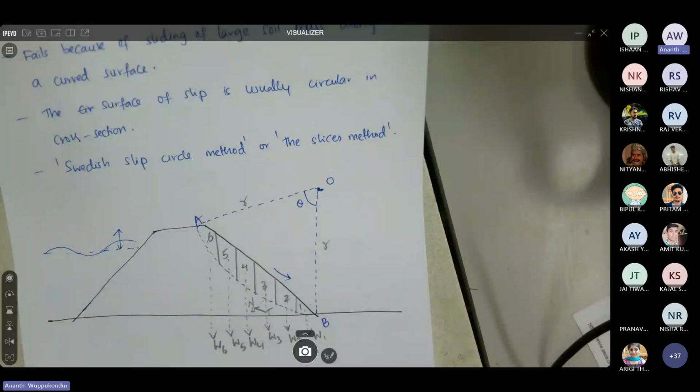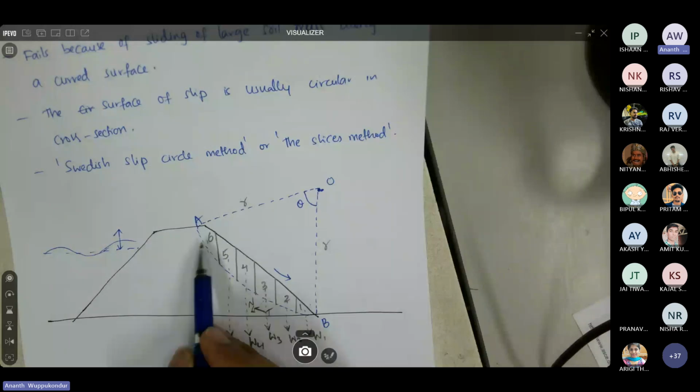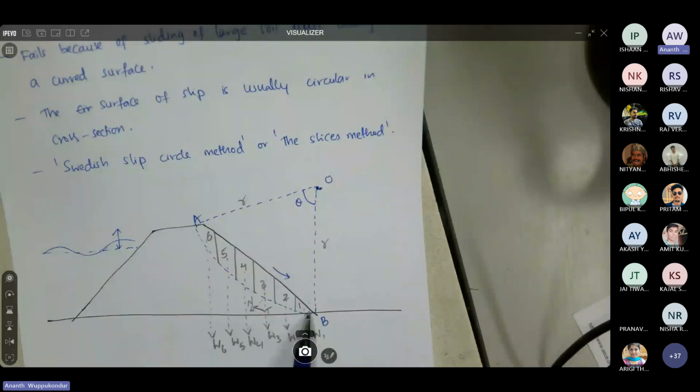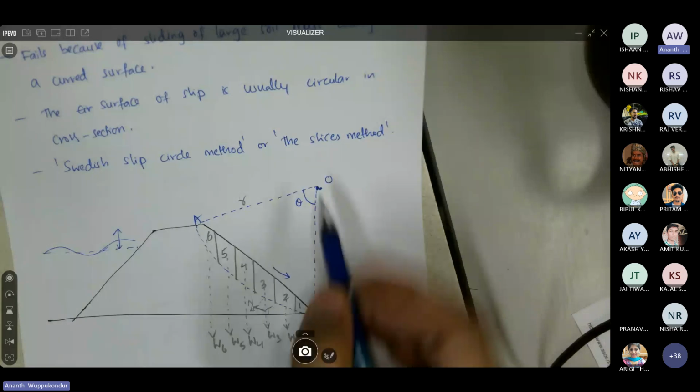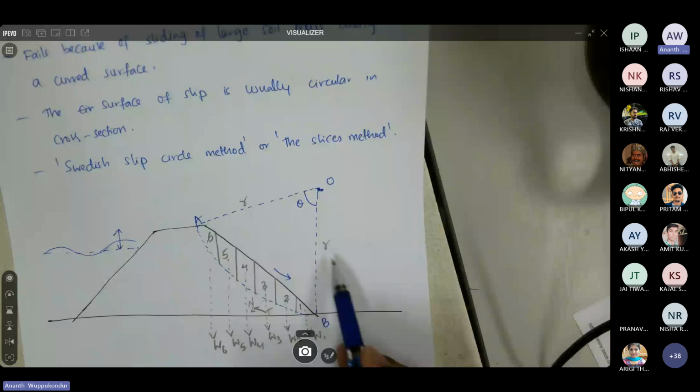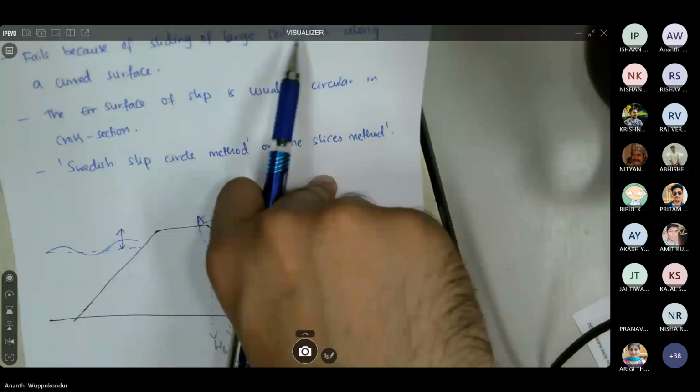The method we are going to do today is called the Swedish slip circle method, or the slices method, where our basic assumption is that the surface of slip is circular. You have points A and B, which represent an arc of the circle, with O being the center of the circle, and R the radius of that circle. So if you consider O, then AB would be an arc of a circle.